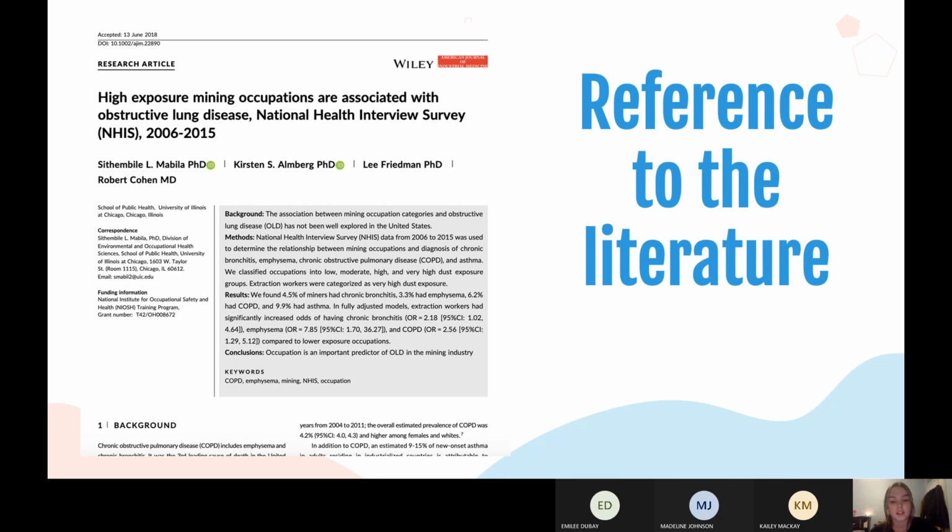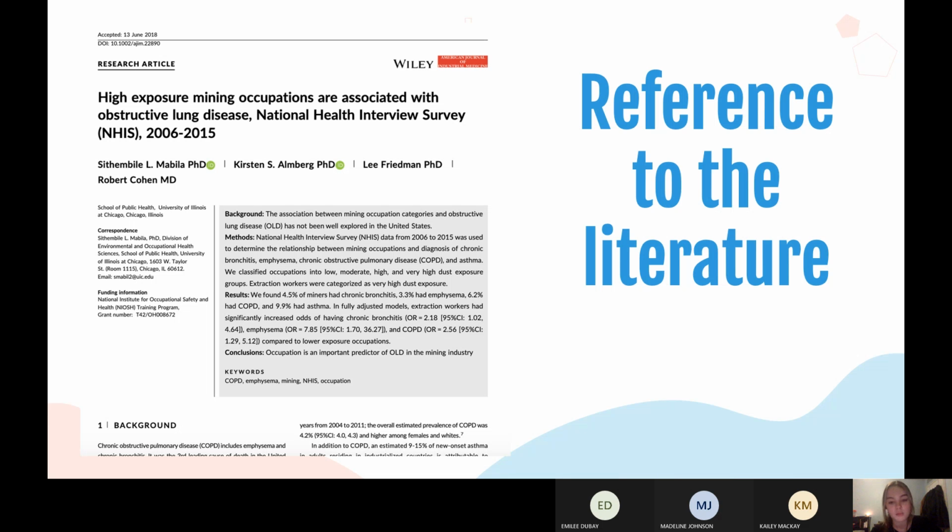And this study actually states that coal mining is more prevalent in COPD patients. So it was actually second of the 4 that they studied, the second highest percentage.